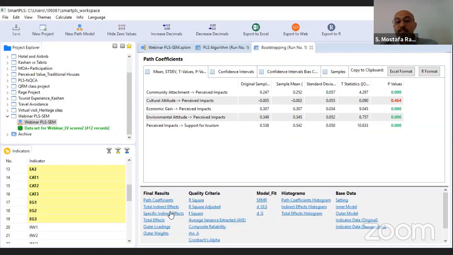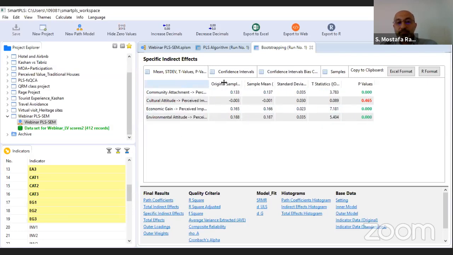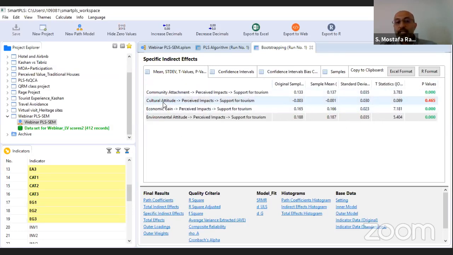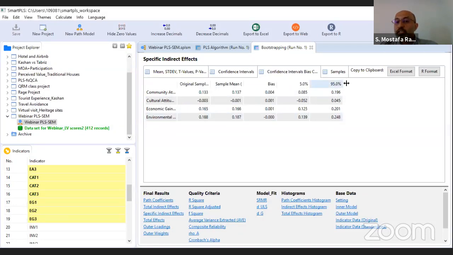So if we click on specific indirect effect, here you can see community attachment, perceived impact, support, cultural attitude, perceived impact, support, and these four indirect effects. In this part you can get t-value and p-value, but we are interested in this part, confidence interval bias corrected, right?